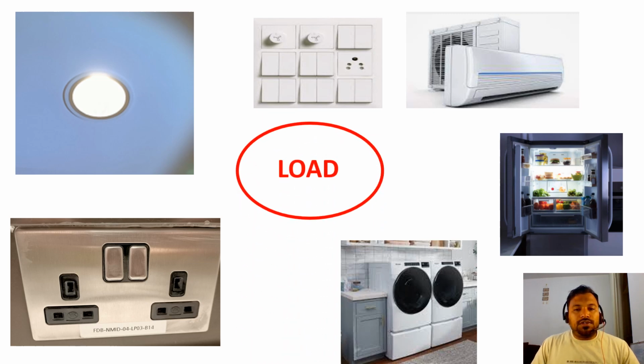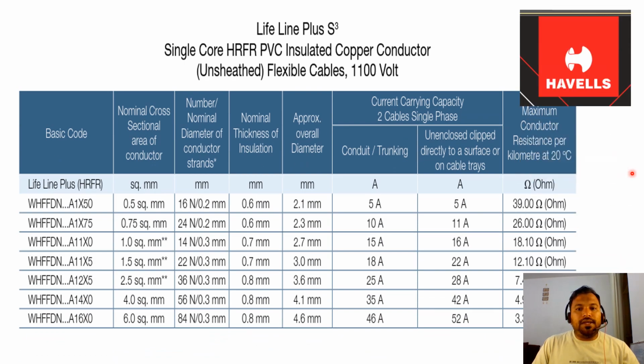To select wire sizes we need to know the load, and based upon the load we can calculate or understand what wire size is required. In this video I consider Havells wire sizes, and from their chart I consider the wire sizes and the current ratings.